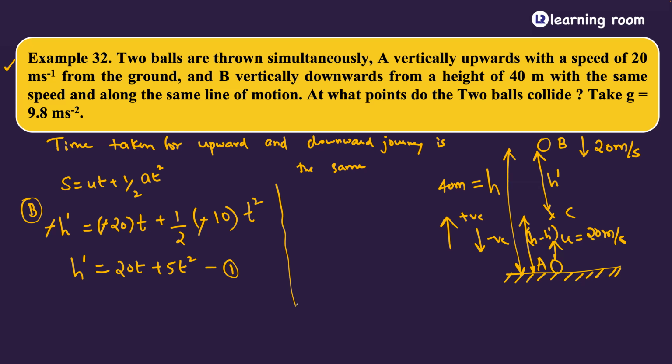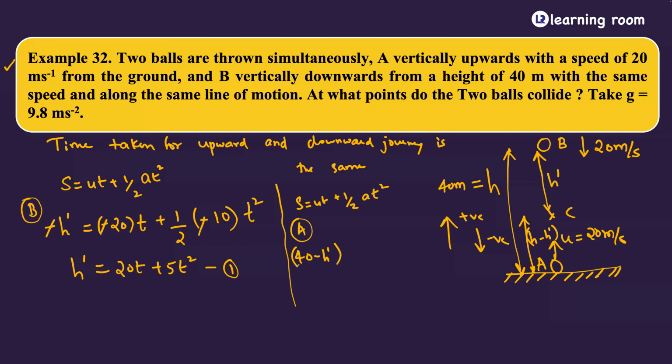Next, if I apply s equals ut plus half at square for the object A, then how should I solve? Remember, h is 40. So 40 minus h dash, it is positive because upward journey.